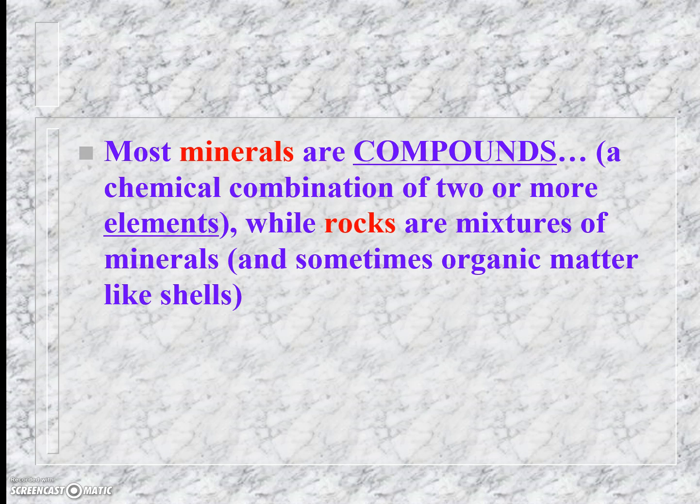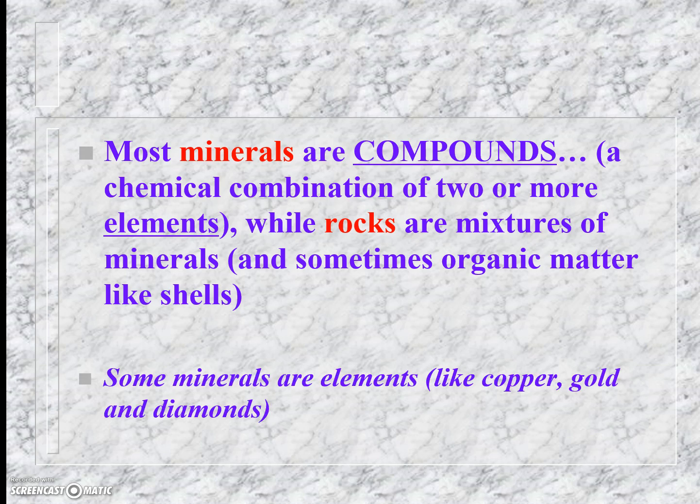So minerals are compounds most of the time, a couple of different elements mashed together, and then rocks are those minerals mashed together into an even bigger thing. Now sometimes organic matter, which is shells, once living things, are in rocks, but once living things are never in minerals, okay?